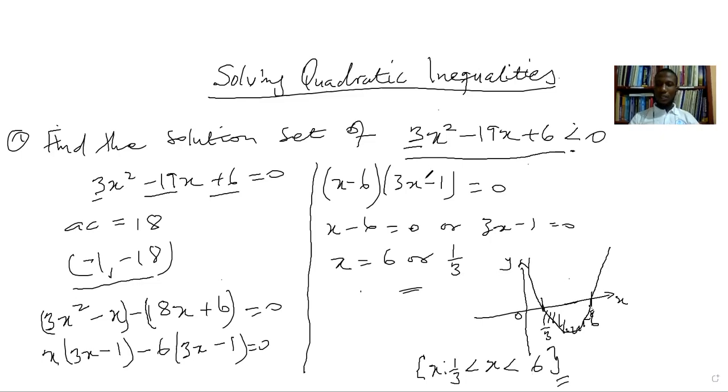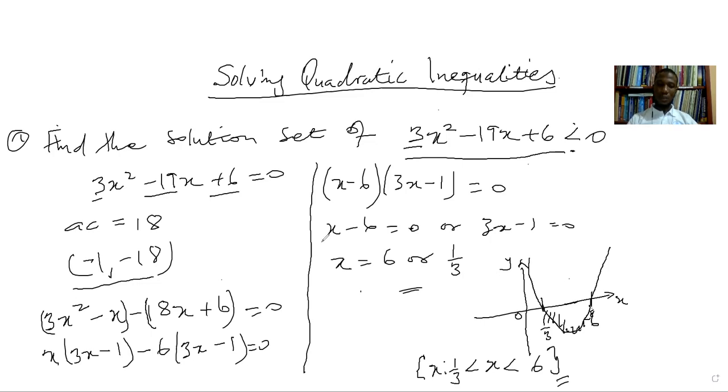All right, so this is an instance where we are shading below the x-axis just because our inequality sign is less than.